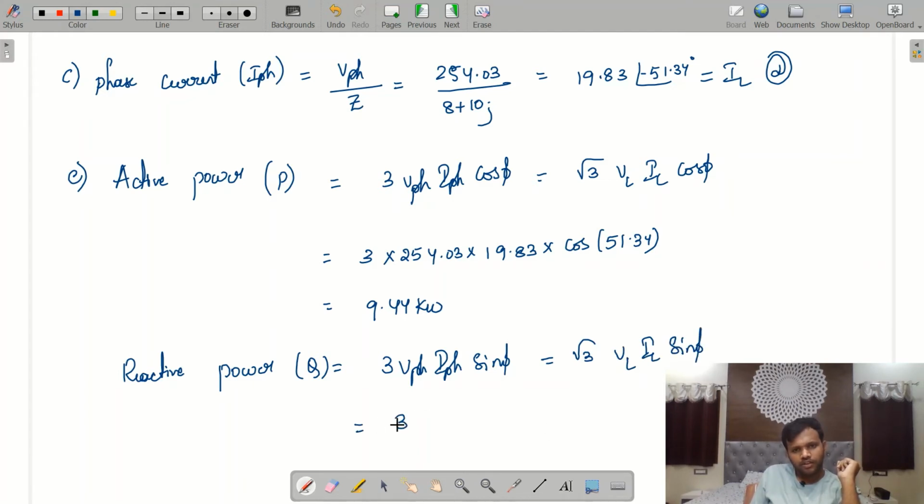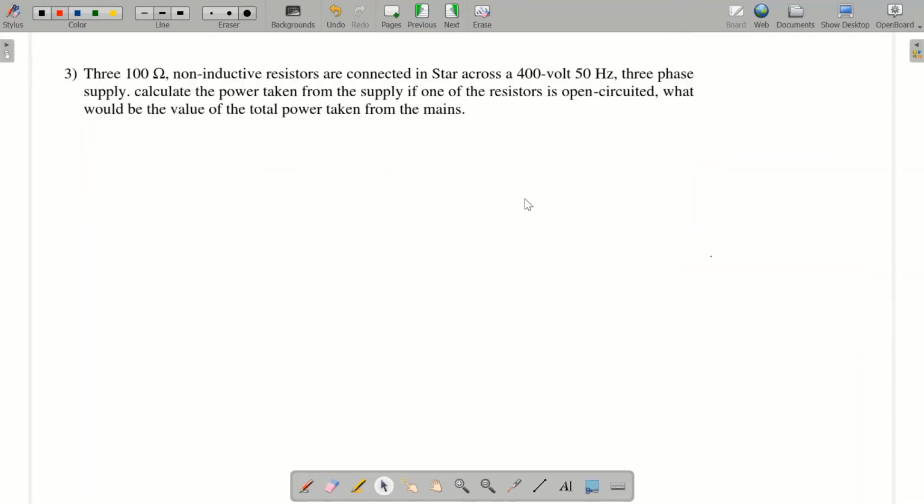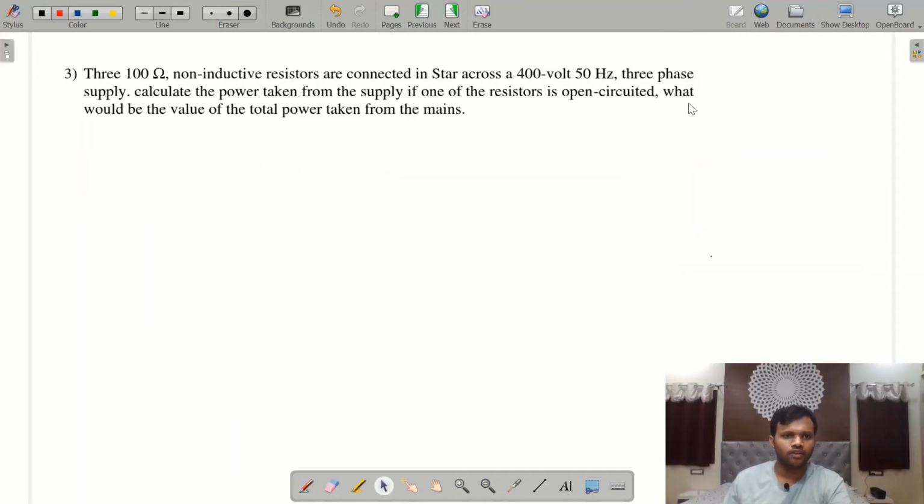So 3 into 254.03 into 19.83 into sine of 51.34. So you will get it as 11.8 kVAr. Right. So this is the third question.